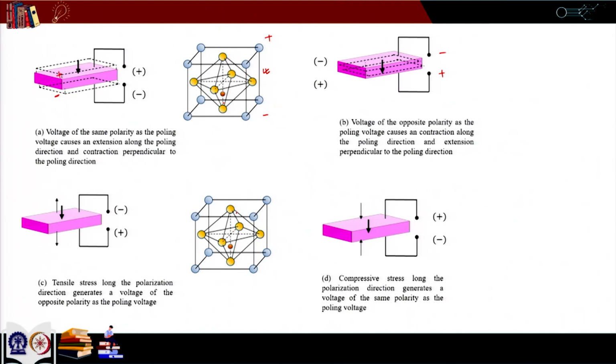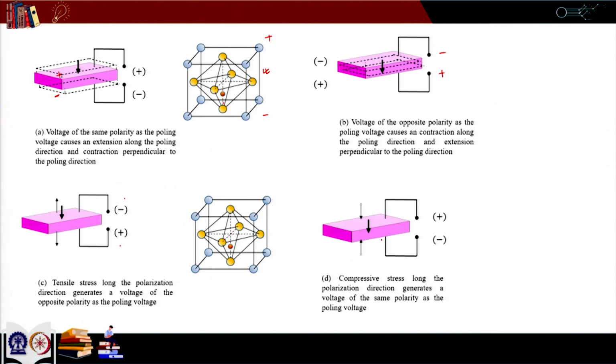If we apply tensile stress along the thickness direction, to increase this dimension, the distance between this titanium and the center further increases, and that creates an electric field which is plus at this side and minus at this side.